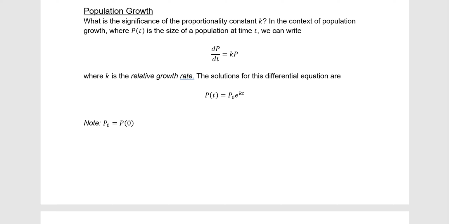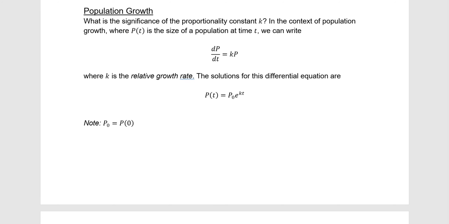If we have dy dt equals k times y, our differential equation, and if we have p of t as population at time t, we can rewrite that using a p instead of a y, and it ends up being dp dt equals k times p. Same exact thing that we just did, just using a different variable. And k is called the relative growth rate.